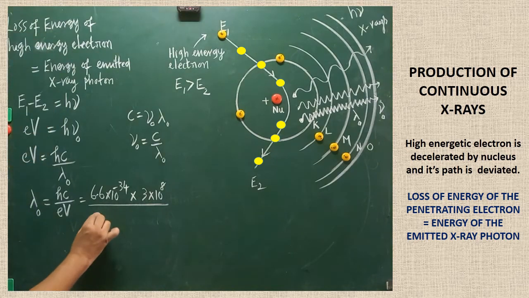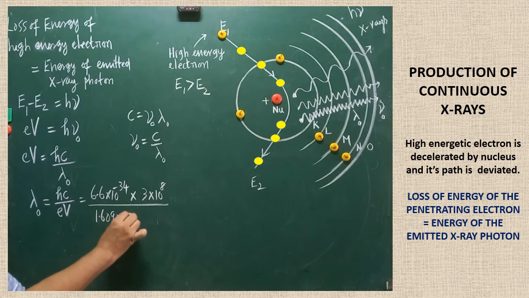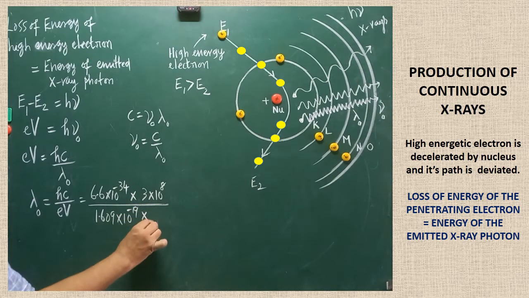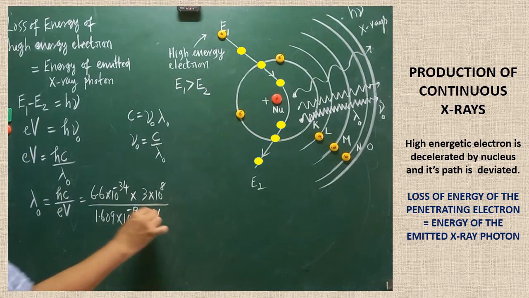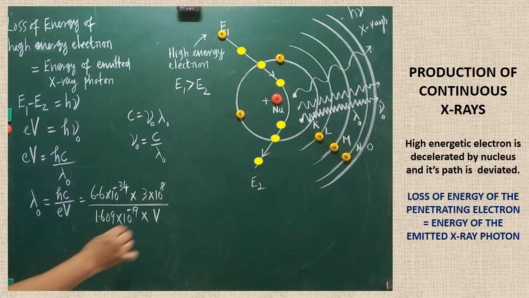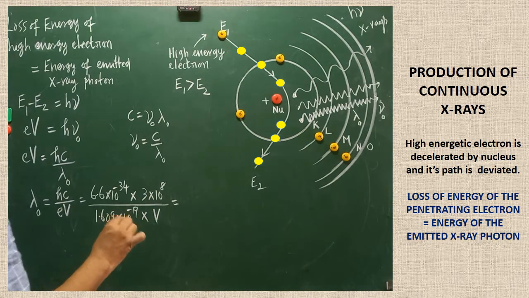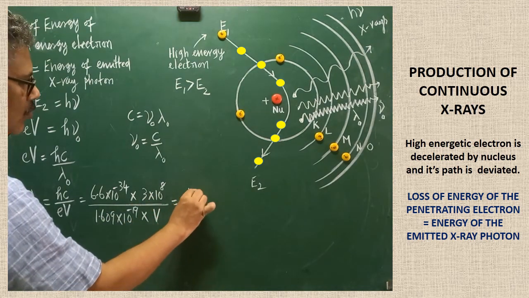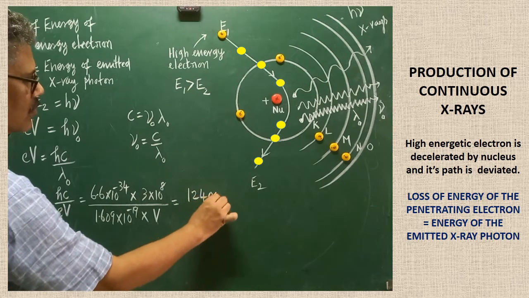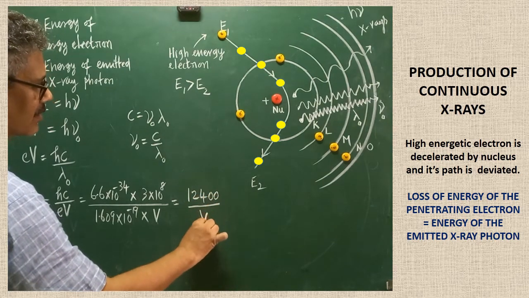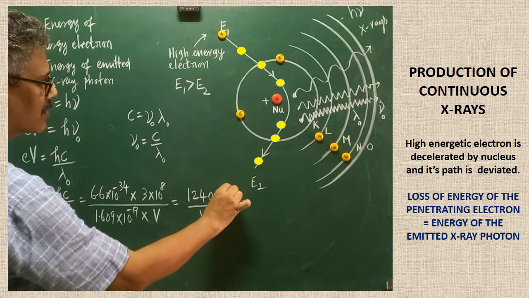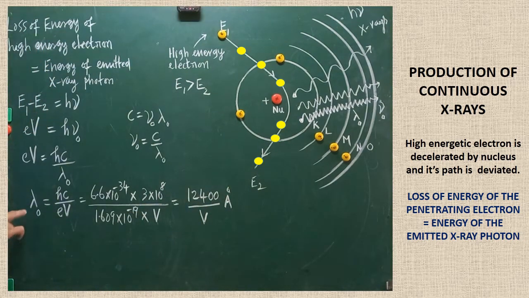In the denominator, the charge of the electron is 1.609 into 10 to the power of minus 19, and the only variable factor is V. So finally, you will get the answer as 12400 divided by V, Angstrom unit. So this is the final expression to calculate the cutoff wavelength, and this formula is called the Duane-Hunt law.